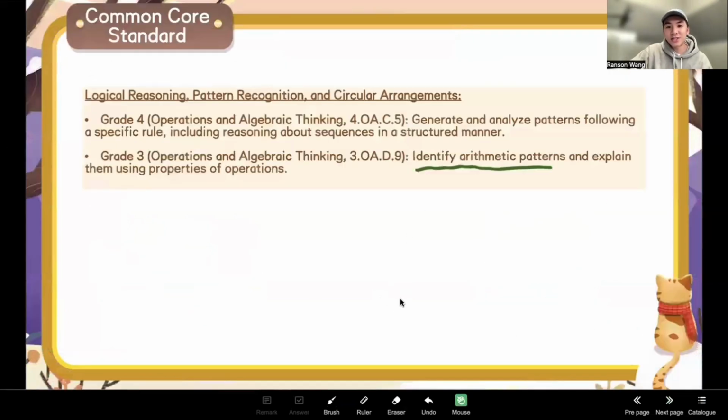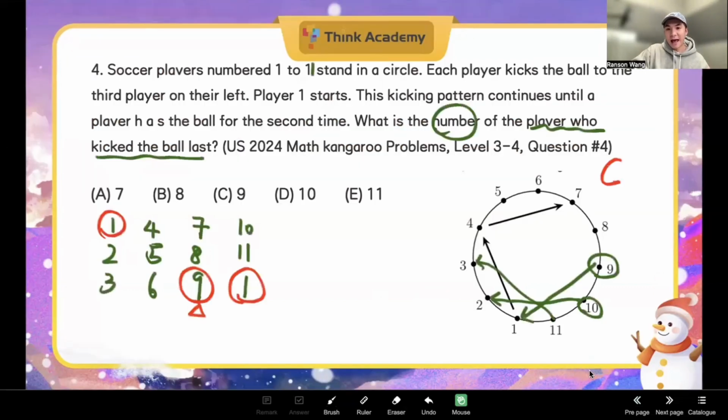Regarding this question, we're talking about logic reasoning, pattern recognition, and circular arrangement. In the Common Core, it requires students to identify arithmetic patterns, just like this one. For this one, we fuse that with a circular pattern. It's not just simply going 1 to 100.